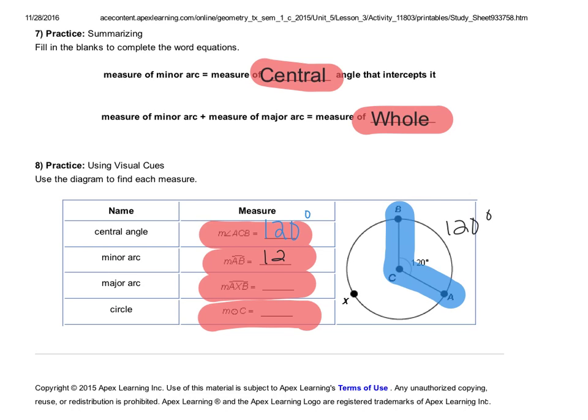All right, and then AXB, which is going to be this major arc from B all the way to X over to A, it's going to be 360 minus the 120. So it's going to be 240 degrees. All right. But the whole circle, when you put it together, 120 plus 240, 360 degrees.